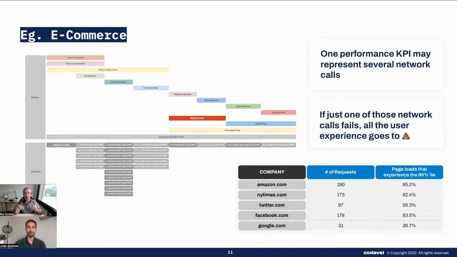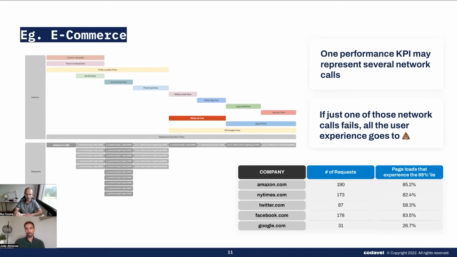And now, if you do some math, even if the probability of each request individually going wrong is low, when you look at scroll load time, the probability of it going wrong is actually the compound probability of each of these requests. And that's not that small if you do the math.